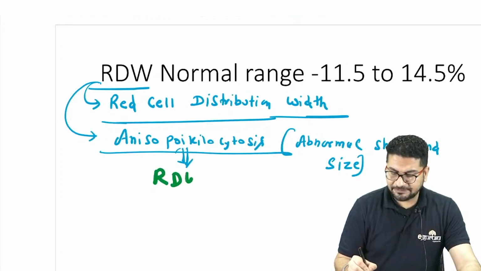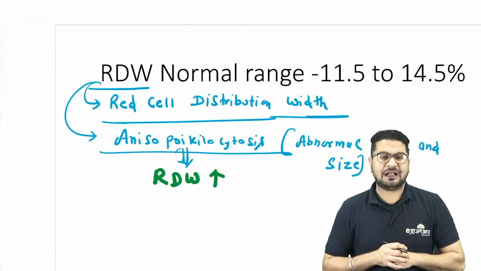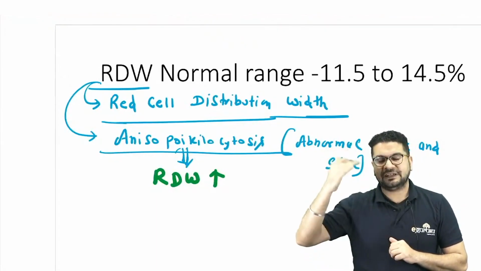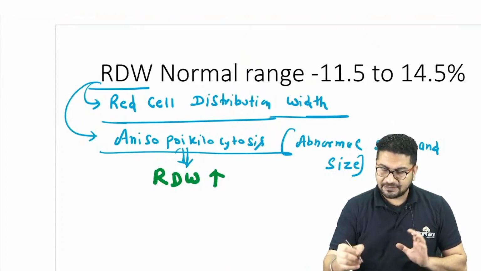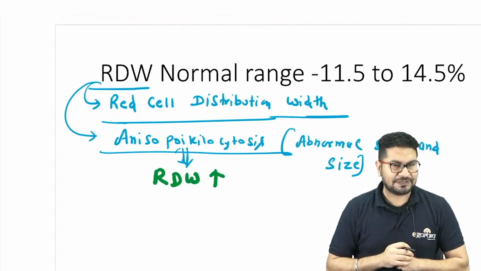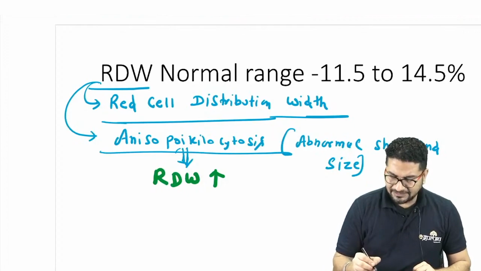So in any CBC report, if you see RDW values of 17, 20, meaning more than 14.5, you should understand this patient has RBCs of different shapes and sizes. Clear?